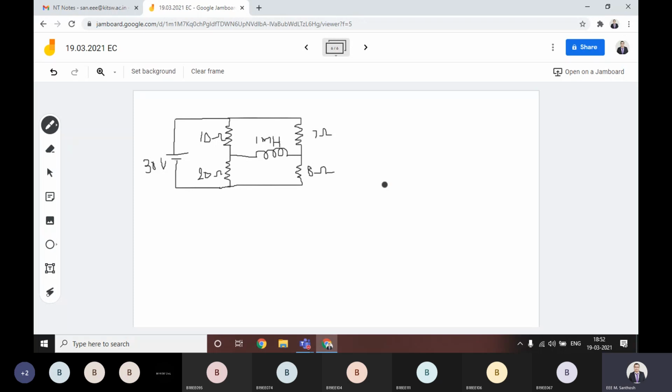Okay. You are solving or not? You are getting it from the circuit? Let me explain. Here, suppose this is the inductor connected here, and the source is DC source. For the DC voltage source, inductor behaves like an open circuit or short circuit.